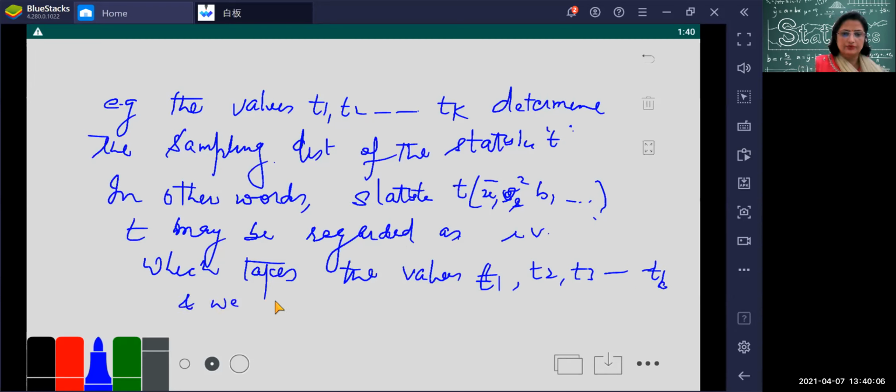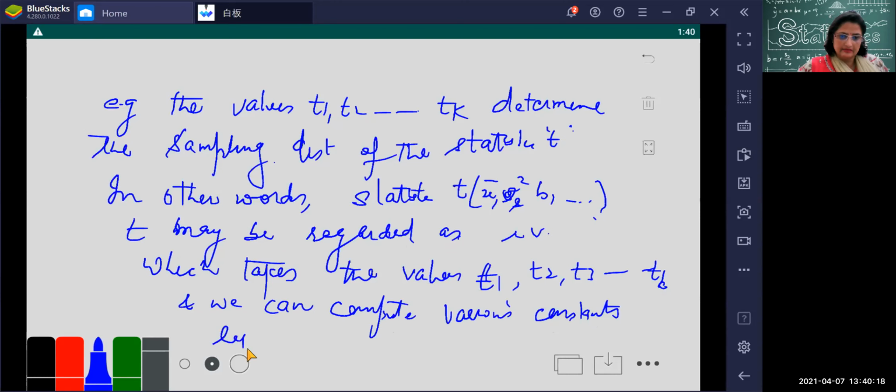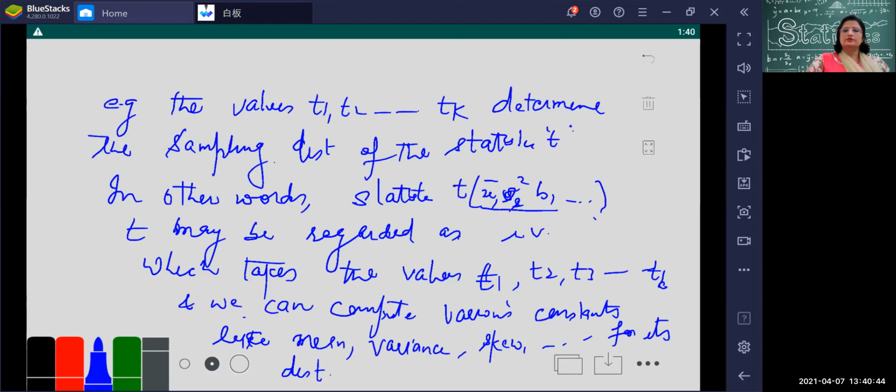And we can compute various constants like mean, variance, skewness. यहाँ मैंने पहले लिख दिया. We can calculate various constants like mean, variance, skewness, kurtosis, etc. for its distribution. So this is all about the sampling distribution of a statistic.